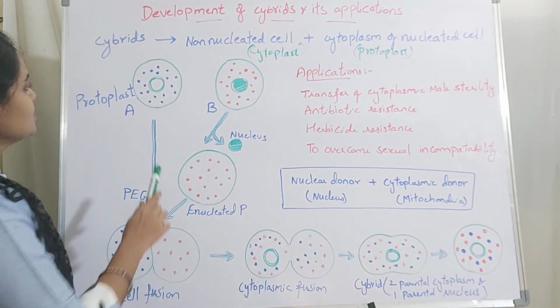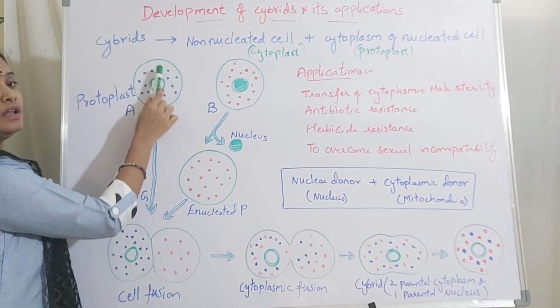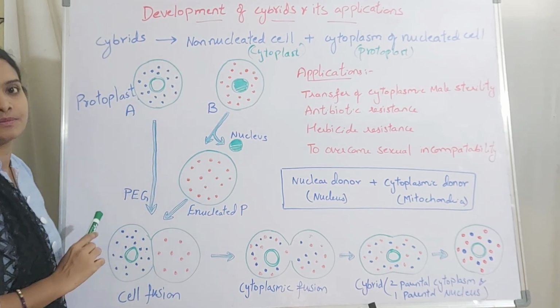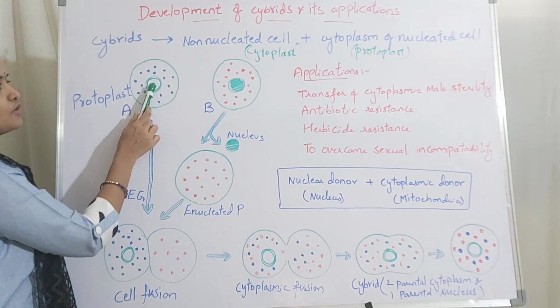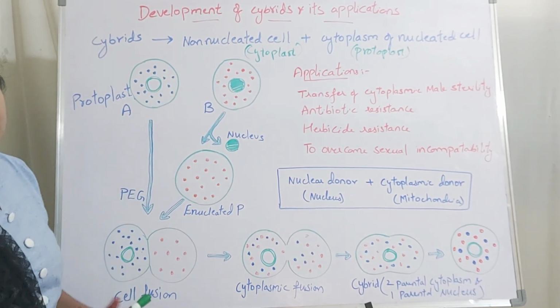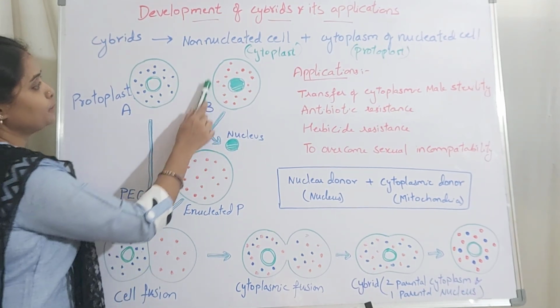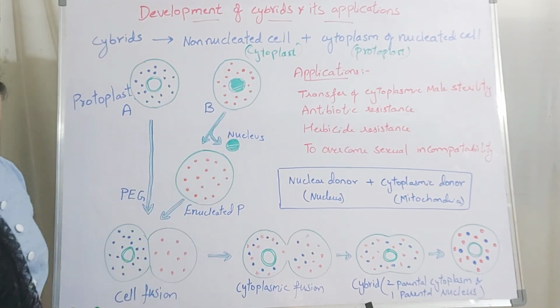Is that clear? The protoplast is defined as the plant cell without cell wall. You can see here the rigid cell wall is absent, right? The protoplast consists of nucleus, cytoplasm and all other cell organelles. Even in plant B, the protoplast consists of all the cell organelles along with the nucleus, right?